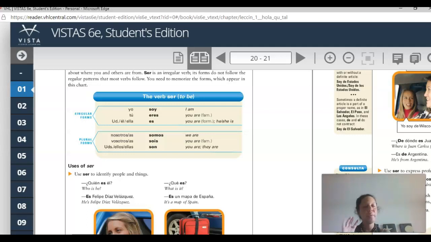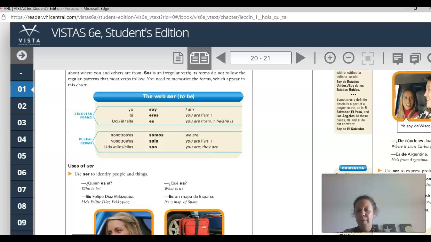Remember, this is very important. Once you master how to conjugate verbs, basically you're good to go, okay? A ver. In Spanish, we conjugate all the verbs. In English, you do too, but not as much as in Spanish.